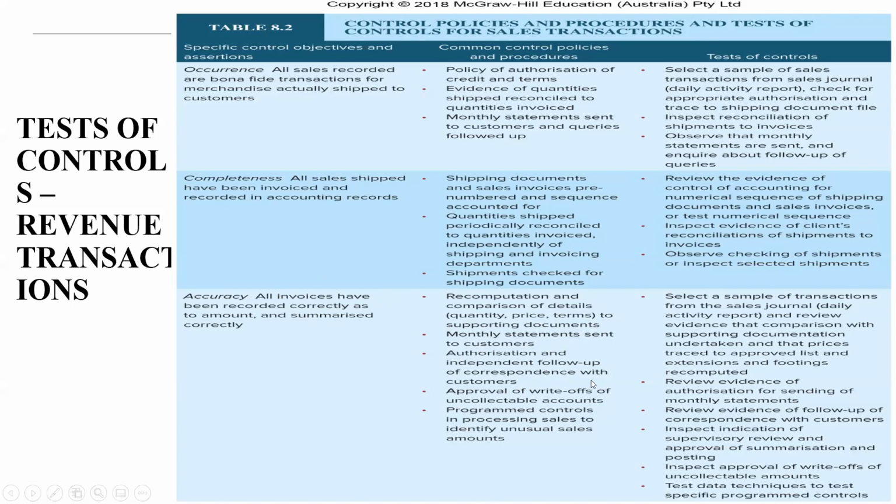And also more importantly, when we talk about the accuracy for the sales, we also consider the proper provision for doubtful debts. So written off of the bad debts will be important, but for the written off for possible doubtful debts, the proper authorization, proper approval, proper calculation would also be important control points.